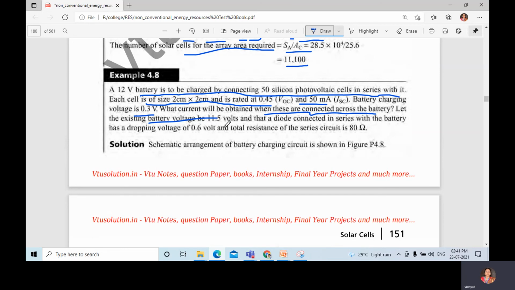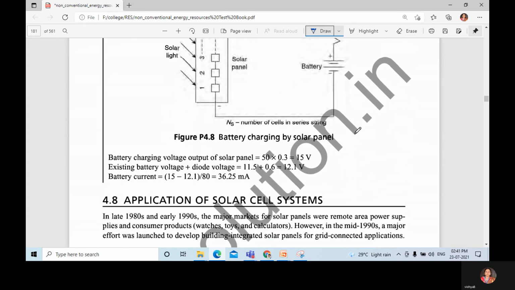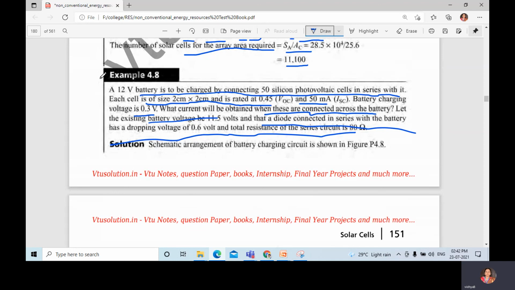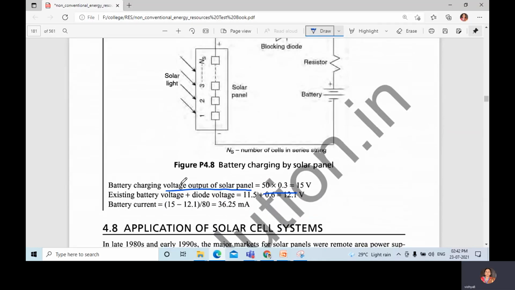Let the existing voltage be 11.5 volts, and a diode connected in series with the battery has a dropping voltage of 0.6 volt, and the total resistance of the series circuit is given. The battery charging voltage output of a solar panel is 50 into 0.3, with 50 silicon cells and a charging voltage of 0.3, so you will get 15 volt. The existing battery voltage plus diode voltage is 11.5 plus 0.6, you will get 12.1 volt.